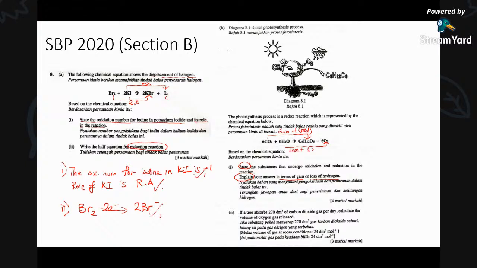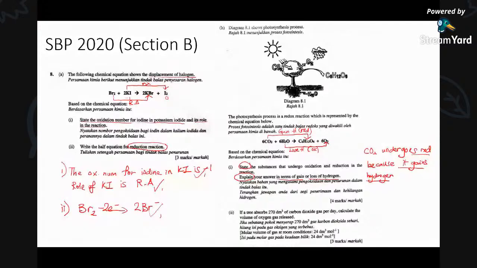This is the oxidation reaction. So you have to state the substances first. So you say CO2 undergoes reduction, you can straight away continue, because it gains hydrogen. So you can get 2 marks.